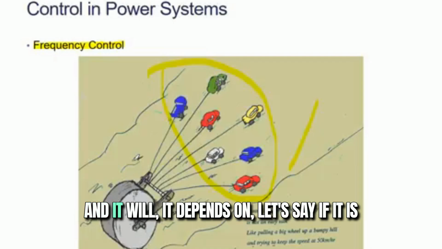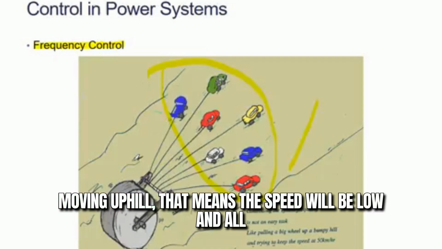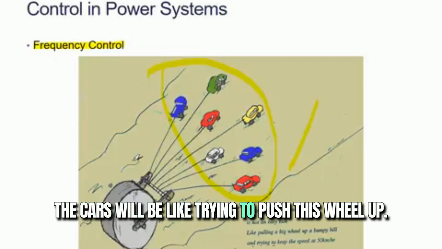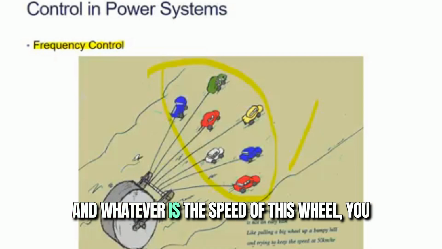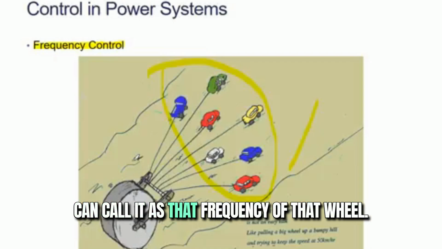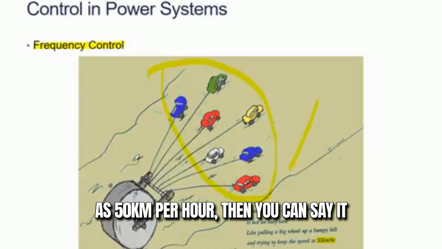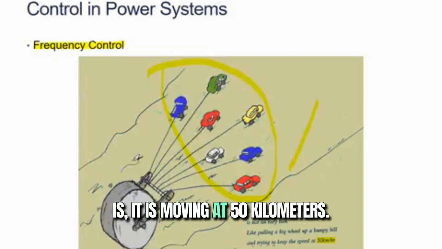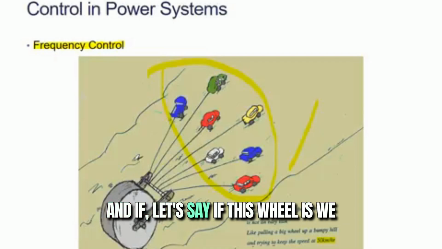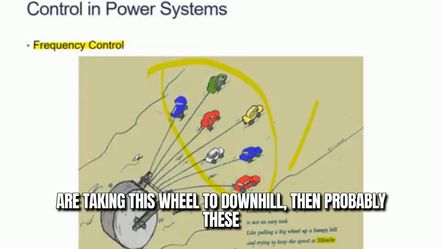If it is moving uphill, the speed will be low, and all the cars will be trying to push this wheel up. Whatever the speed of this wheel, you can call it the frequency of that wheel. If you are maintaining it at 50 kilometers per hour, then you can say it is moving at 50 hertz.